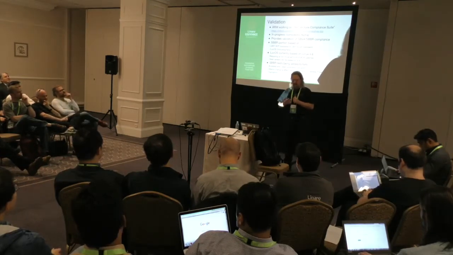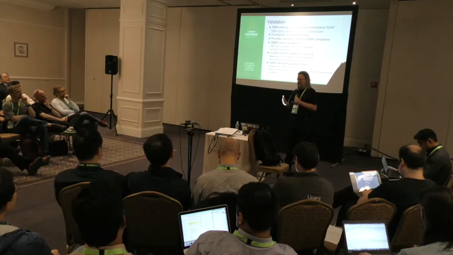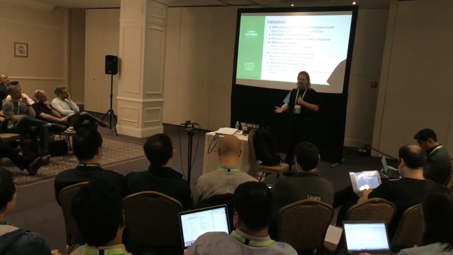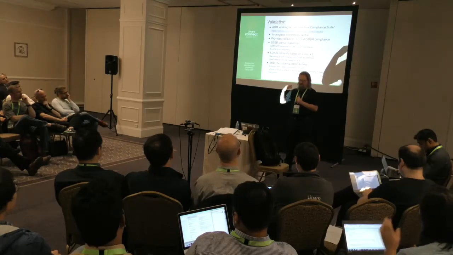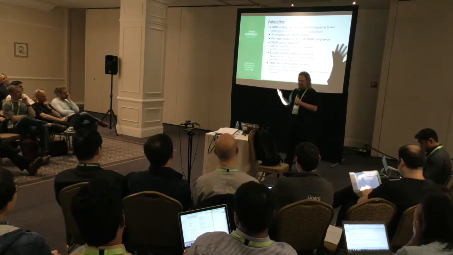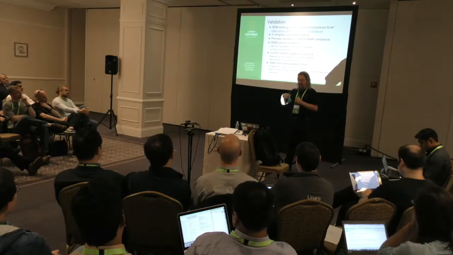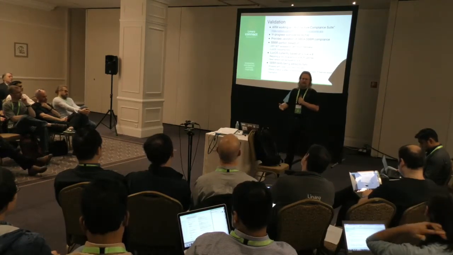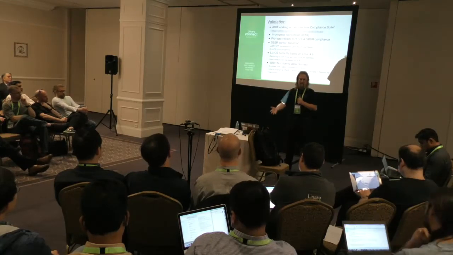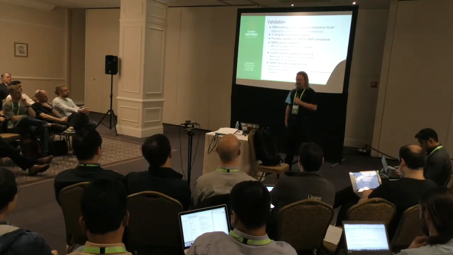ARM is currently upstreaming SBBR tests to the firmware test suite, which is owned by Canonical, if you didn't know that. So for now, we still have patches on top of the firmware test suite in this, but we're hoping again to get rid of that as much as possible in the future.